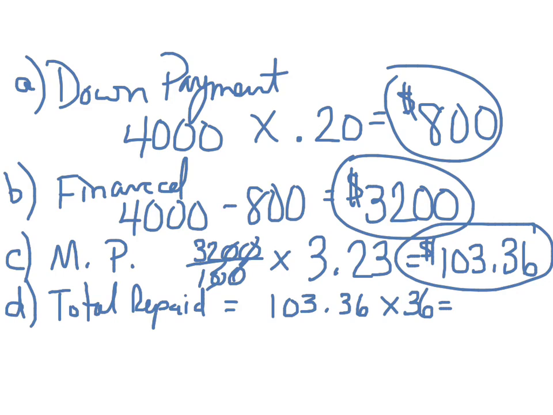What is 103.36 times 36? $3,720 and how many cents? 96.